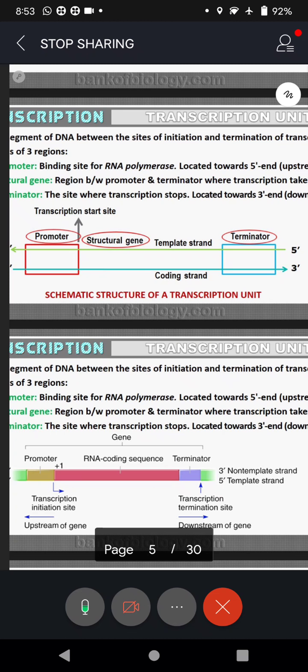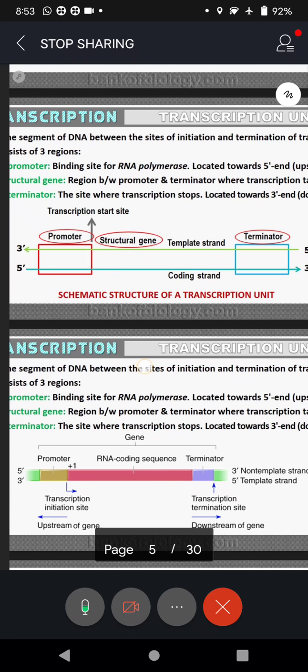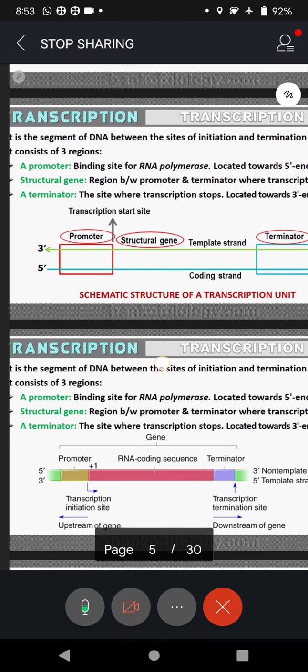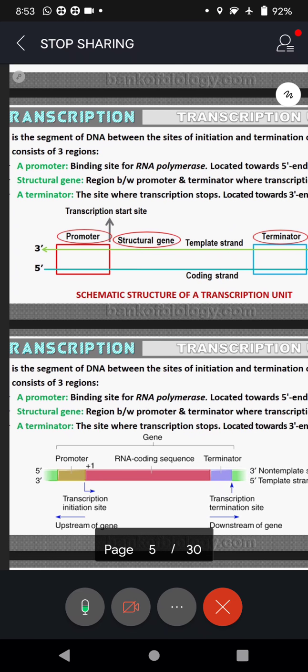Okay? And as I said, after the process starts and the DNA starts forming RNA, there has to be a time where termination should take place. DNA should not form RNA further. So that place on the DNA where termination is taking place is referred to as the terminator region.